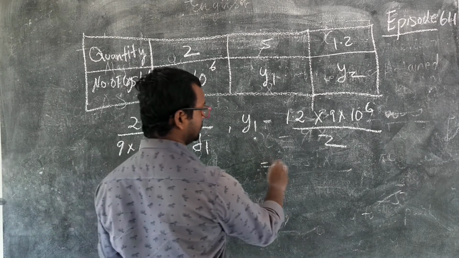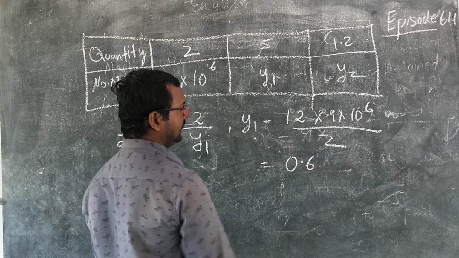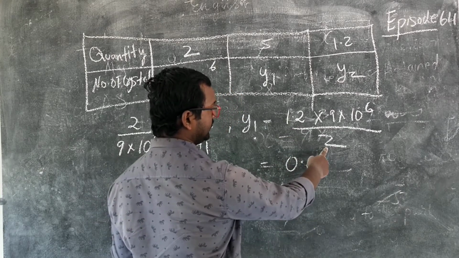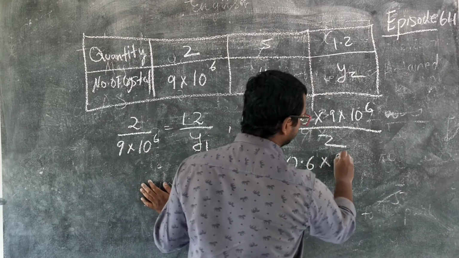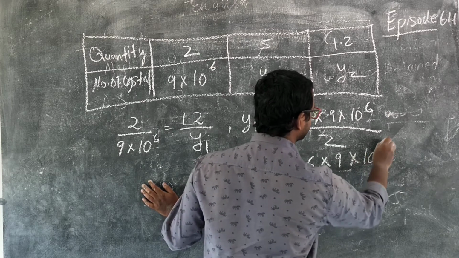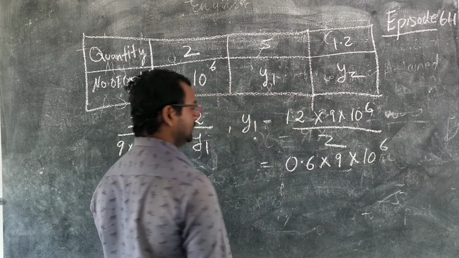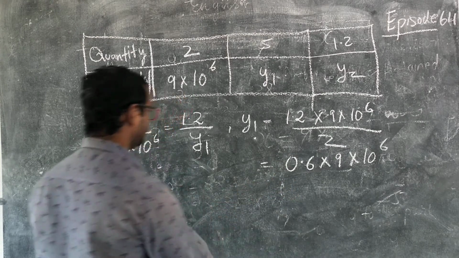So here we will get 0.6. If you divide 1.2 by 2, we will get 0.6 into 9 into 10 power 6. So see here, 0.6 can be written as 6 by 10.